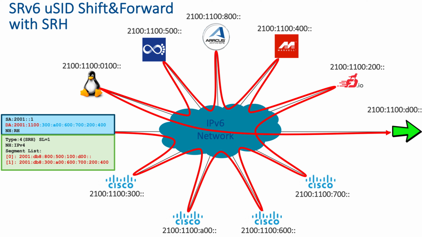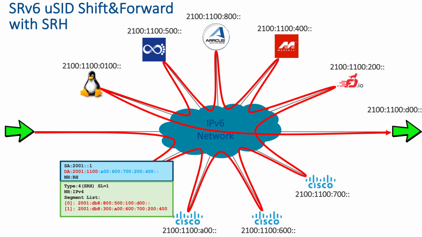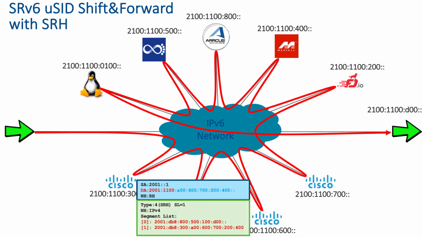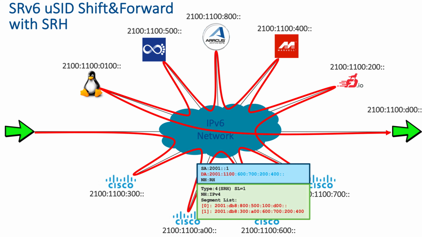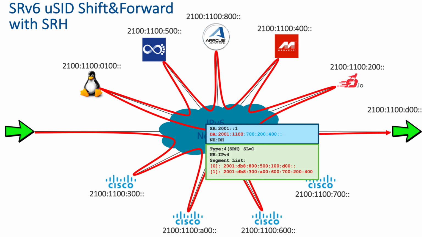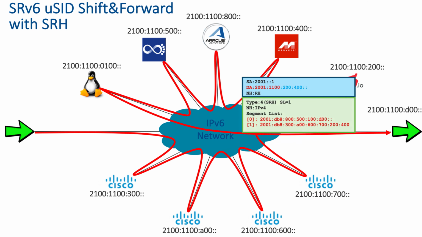So our destination address will match prefix 2001:1100:300/48, and it is delivered accordingly to NCS 5500. It will do shift and forward. Cisco 8000 will do shift and forward, SRv9K and VPP as well.